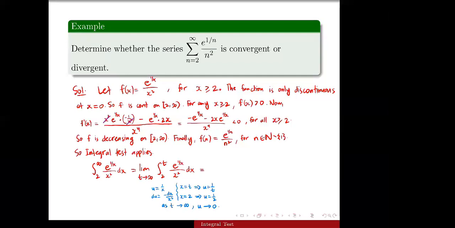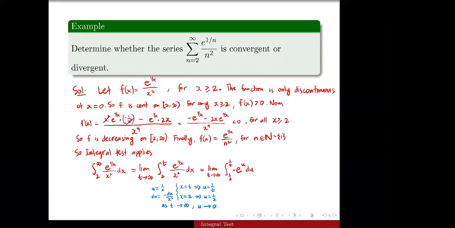So in here, now we have the limit as t approaches plus infinity, integral from 1/2 up to 1 over t of negative e raised to u du.